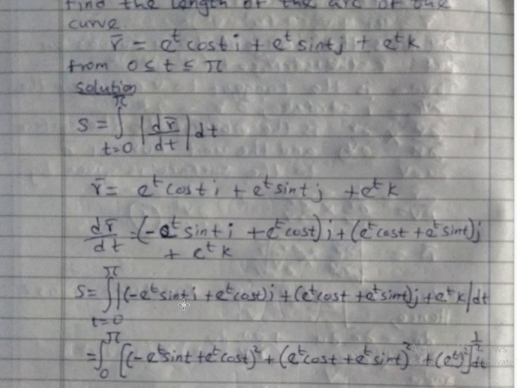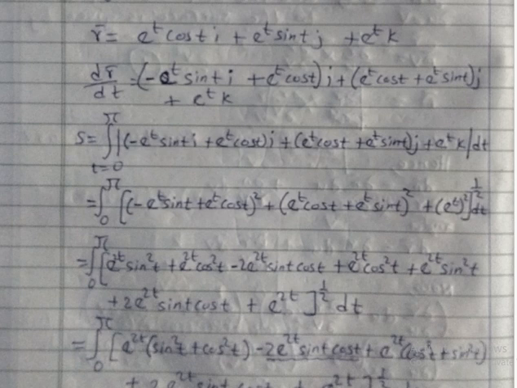Then plus the square of exponential of t cosine of t plus exponential of t sine of t. Then plus the square of exponential of t. Then that square root we are going to integrate with respect to t from a point t equals 0 to a point t equals pi.